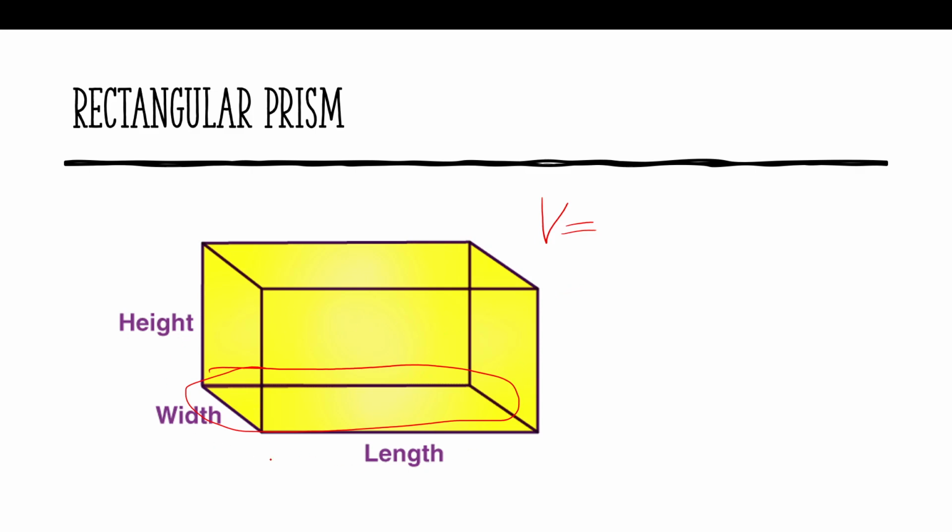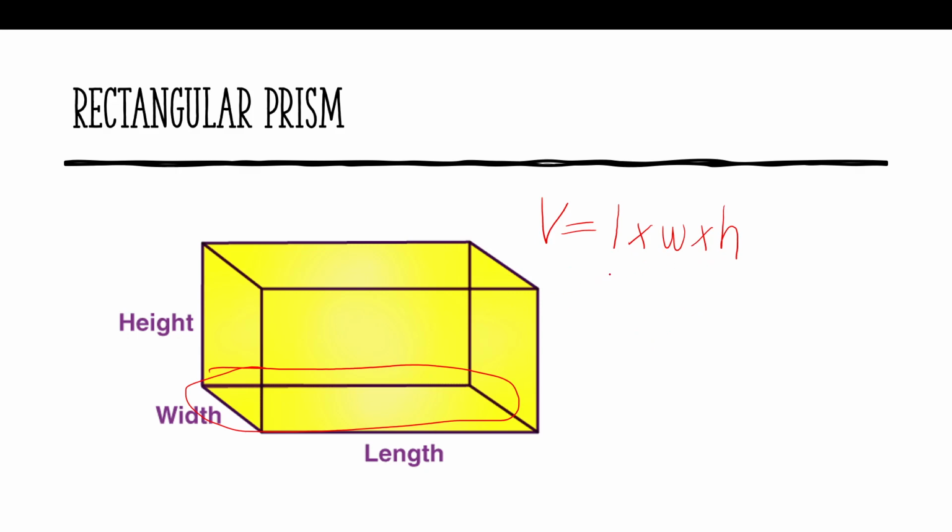Itong binulugan ko. Anong figure to? So, ito ay rectangle. So, ano ba ang formula sa pagkuha ng area ng rectangle? So, iyon ay length times width. And then, meron tayong height. So, ayun na si height. So, the formula for getting the volume of any rectangular prism is length times width times height.